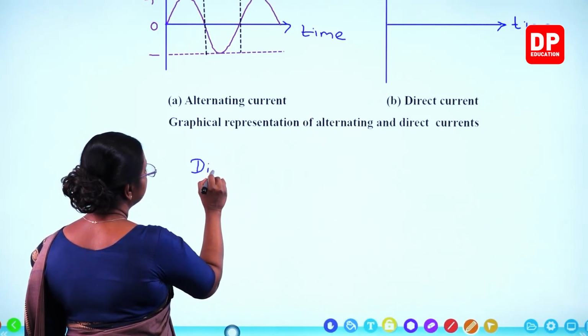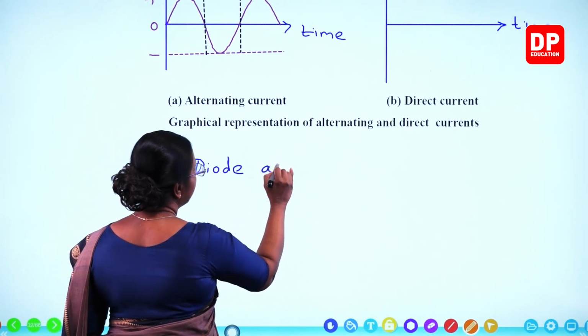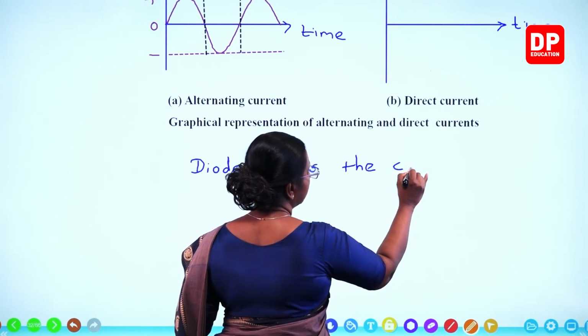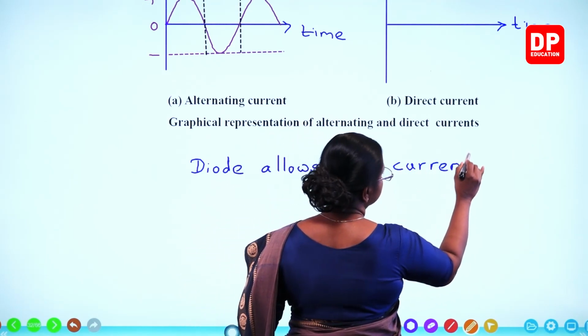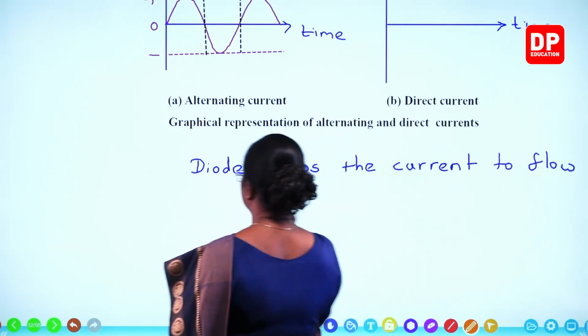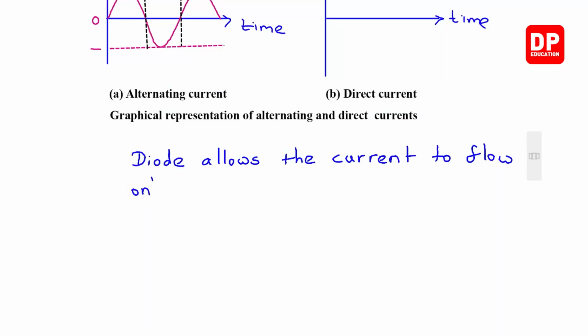Diode allows the current to flow only in one direction. That is the forward biasing direction.